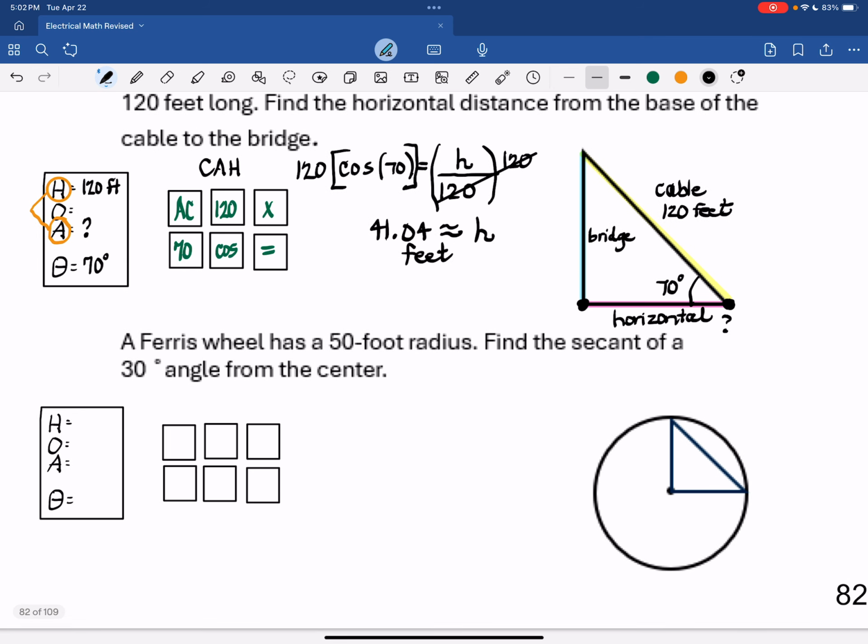Okay, this one is a little bit tricky. This one is asking us to find secant. I did not realize that there was one of those quite so soon, but that's okay. We can do it. Let me remind you.